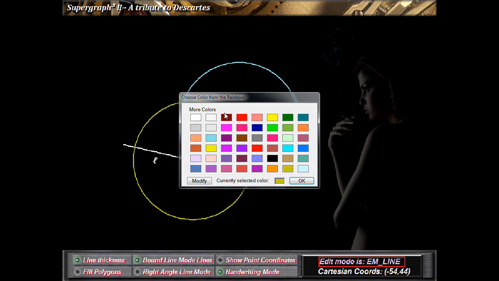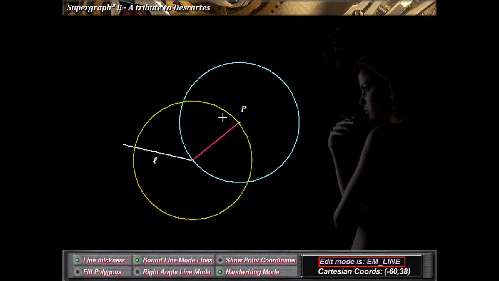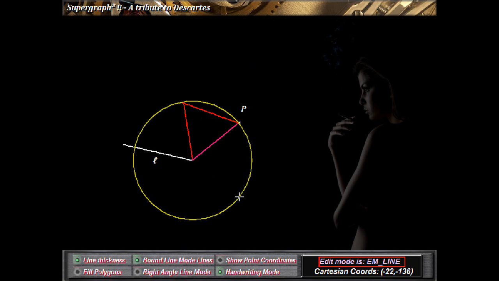Then we get out our straight edge and draw from here to here, and here to here, and that's an equilateral triangle. So I no longer need these circles. Alright.